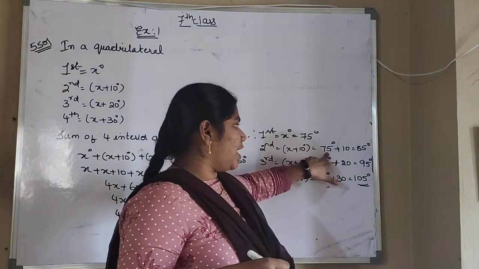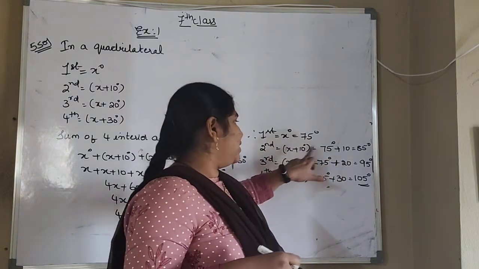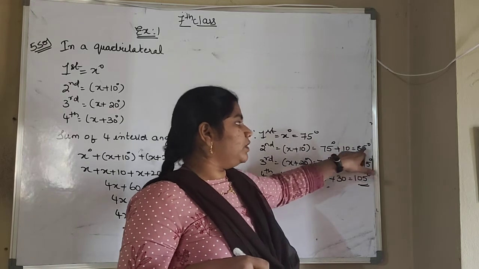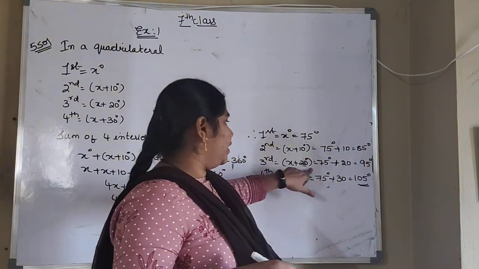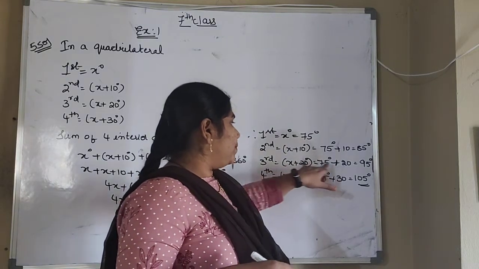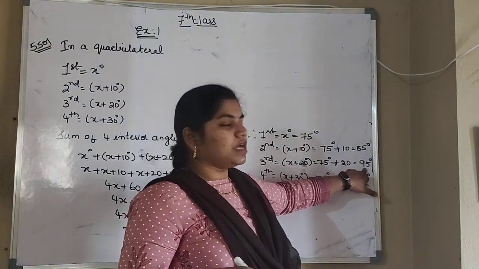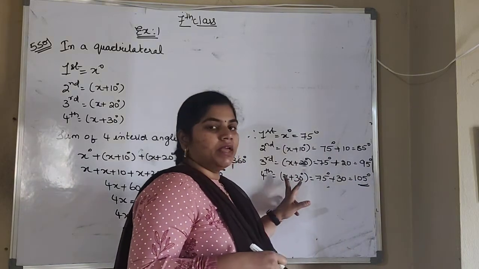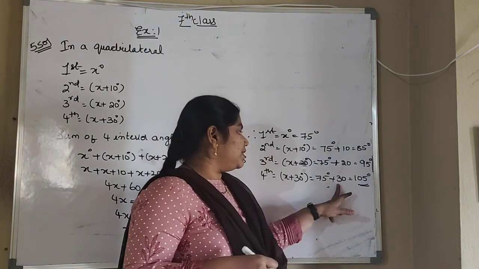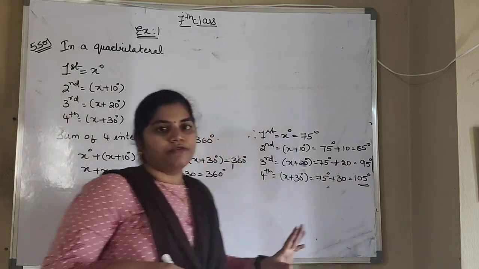In place of x, I substituted 75 plus 10, that is 85. Next, third angle, x plus 20. x is 75 plus 20, that is 95. Next, fourth angle is x plus 30. x value is 75 plus 30, that will be equal to 105 degrees.